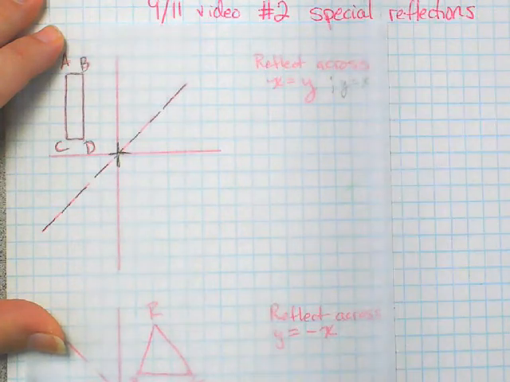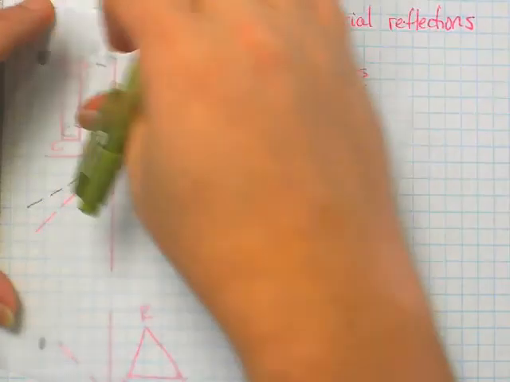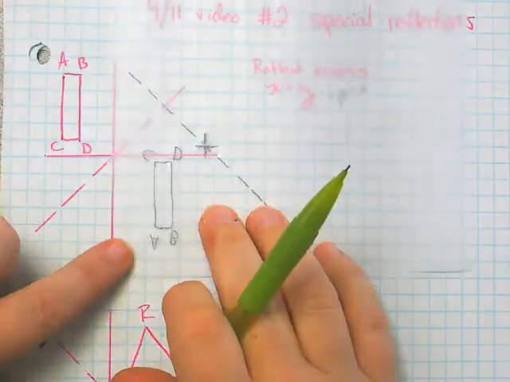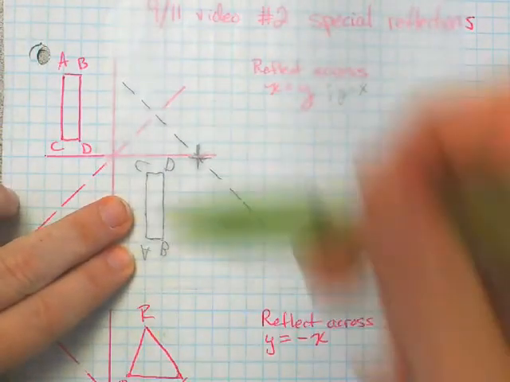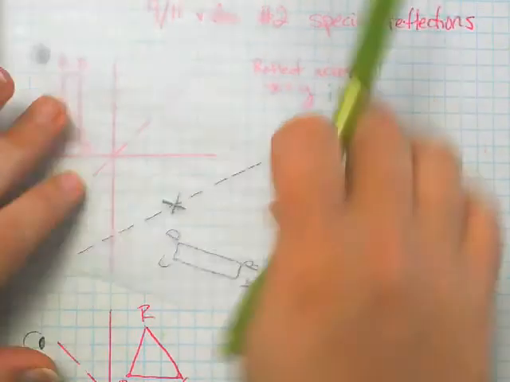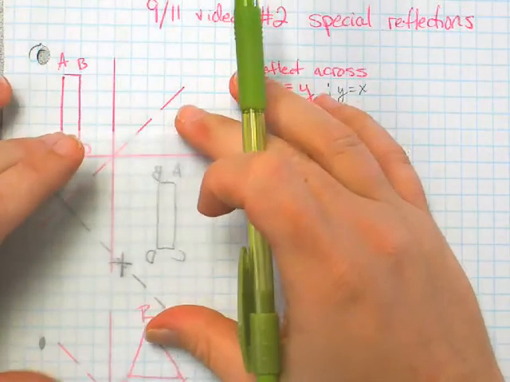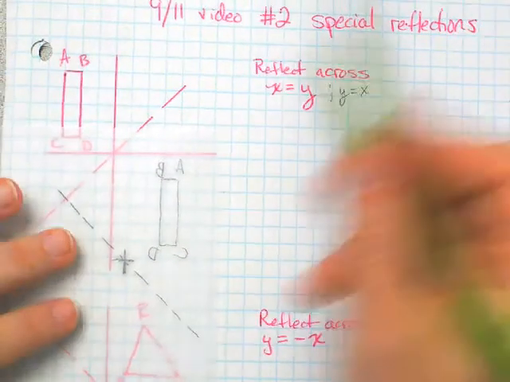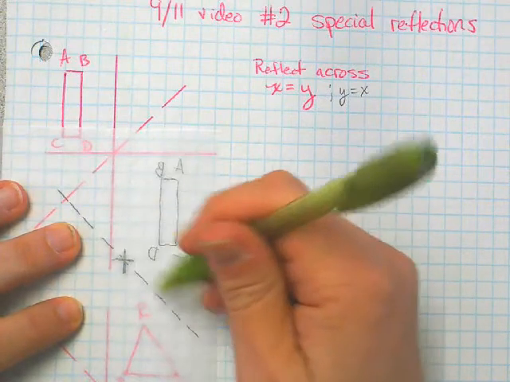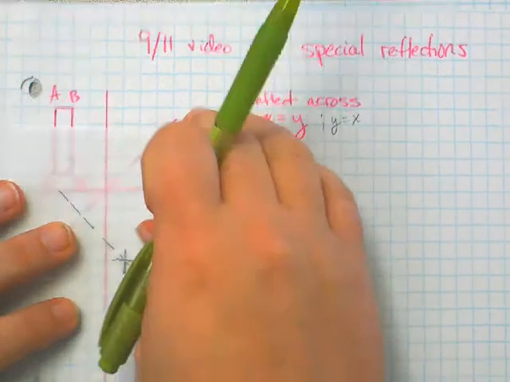So a lot of us think that when we do our reflection, it'll wind up like this. But if you see our line of reflection, I'm not even close. Well, Miss Meyer, if you just flip it around? No, still not good. Even though A and B got flipped, I'm not flipping around my line of reflection.